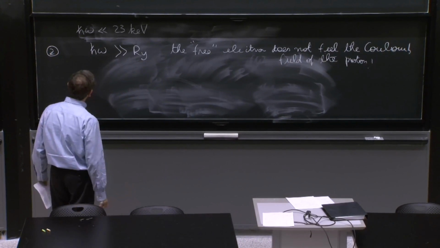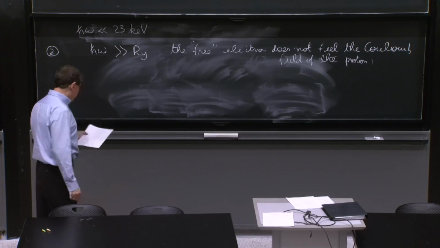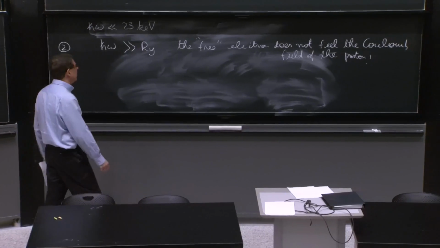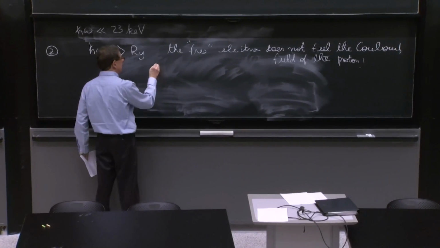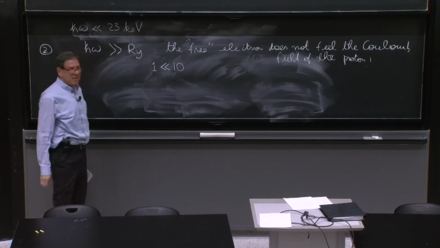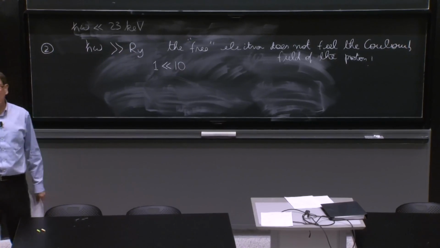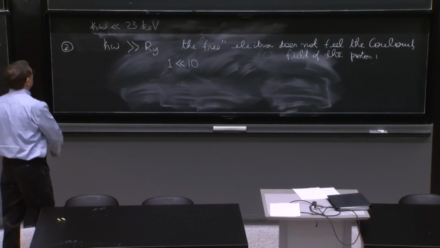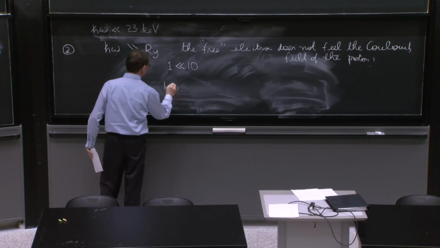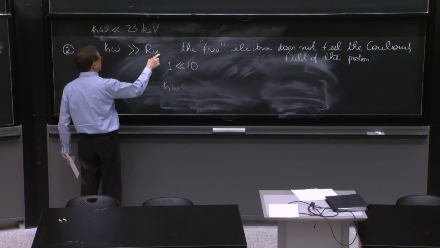So here it's a point where you decide, and let's be conventional and say that 1 is much less than 10. That's what we mean by much less, 1/10. So with this approximation, H omega must be much bigger than 13.6.